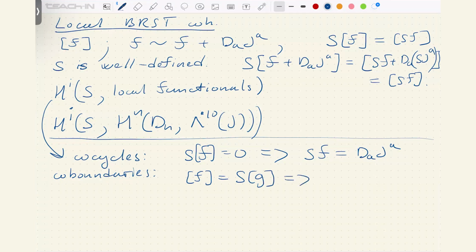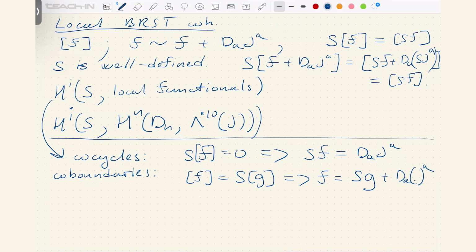What does it mean in terms of representatives? It means that F equals to S acting on G plus, again, d_A of something, right?